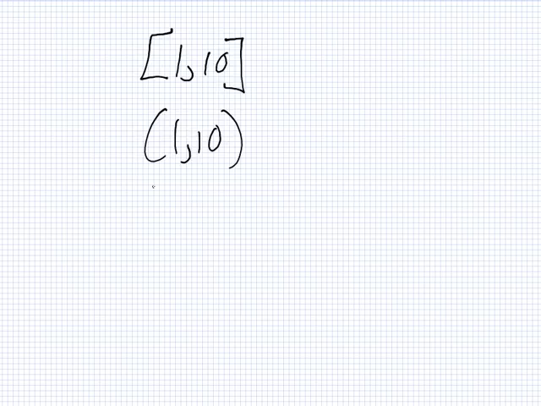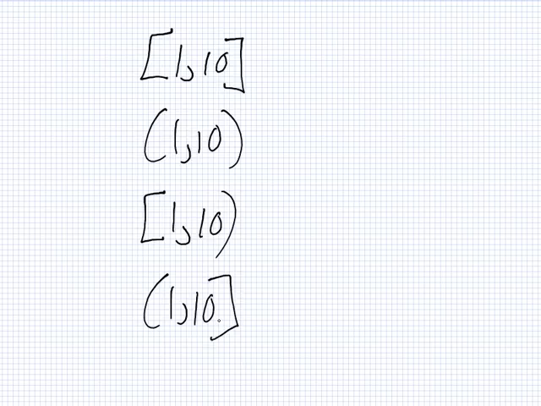If I write closed and open like this, all the numbers from 1 to 10, including 1, but not including 10. And then finally the only other possibility is like this. That's confusing. Deal with it. So this one here, 1 to 10. Is that okay now?